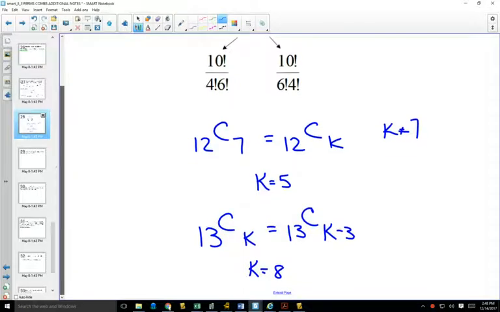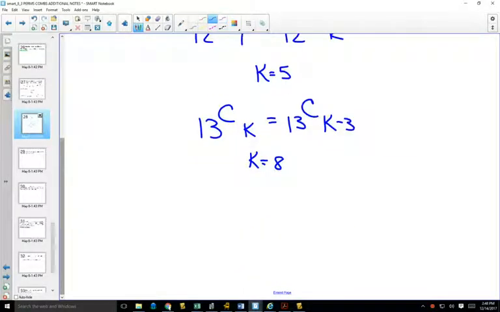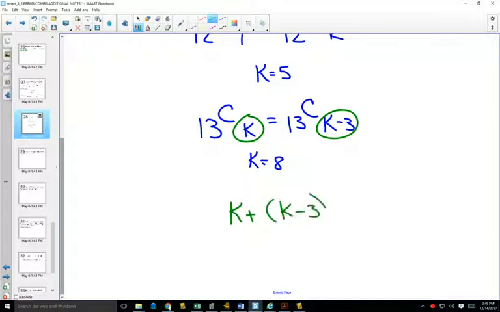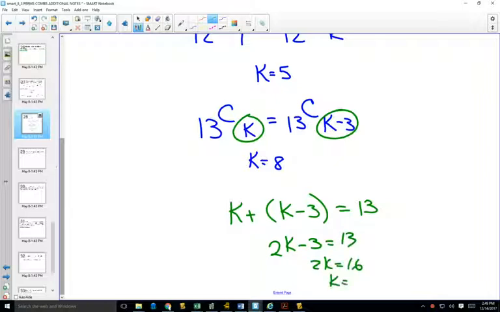So you could do a guess and check there, but maybe you're starting to notice that if these things are going to be equal, then k plus k minus 3 has to equal, in this case, 13. If those two things add up to the number that you started with, they'll be equal. So then in this case, you'd have 2k minus 3 equals 13, 2k equals 16. So k would equal 8.